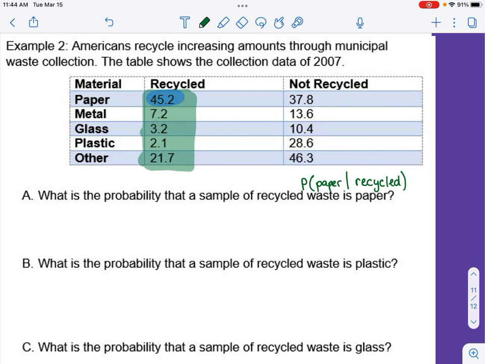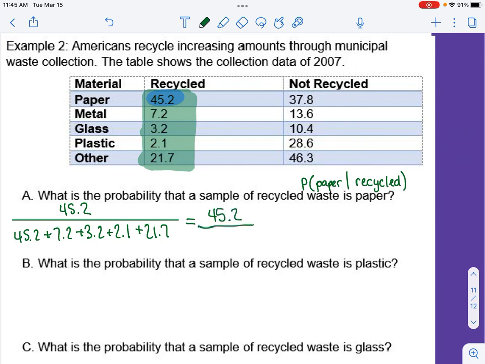So you have your probability of paper is 45.2 over the total amount of recycled goods. So 45.2 plus 7.2 plus 3.2 plus 2.1 plus 21.7. So the numerator is 45.2, and then your denominator is 79.4.